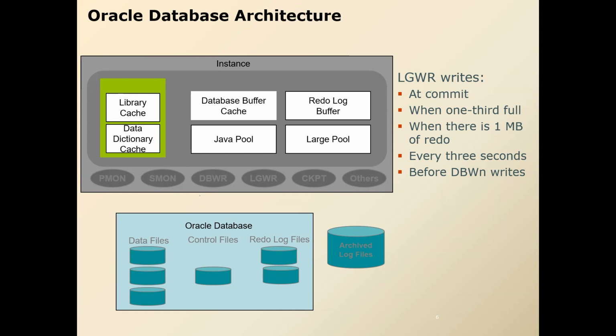For GoldenGate or any change data capture tool to work, first of all, you have to ensure that the changes are getting logged into the transaction logs. Remember, if the change is not getting logged into the transaction log, then GoldenGate or any change data capture tool won't be able to capture it.